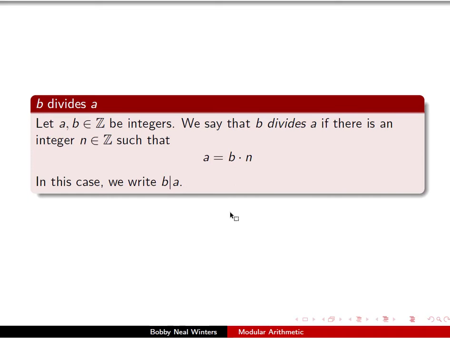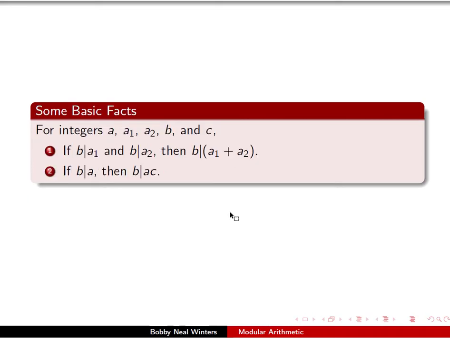Okay. Now, there are some basic facts that we're going to want to use with this. If we have integers a, a1, a2, b, and c: if b divides a1 and b divides a2, then b will divide a1 plus a2. So, for example, 3 divides both 6 and 9, so we know automatically, without doing anything, that 3 divides 15, which is 6 plus 9.